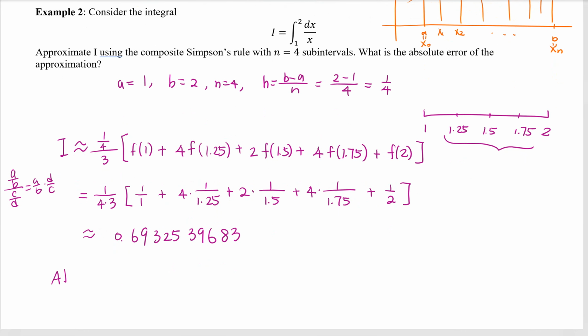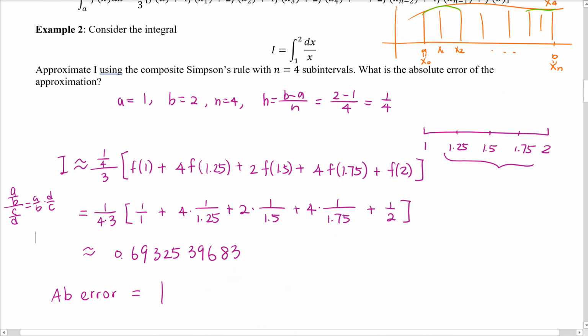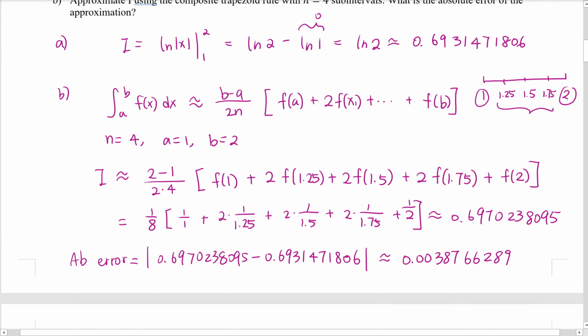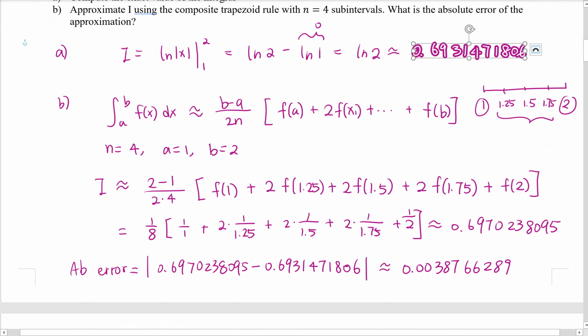Let's find the absolute error. Okay, what is the true value again? Let's go back. The true value is, ooh, yay, I can copy it.